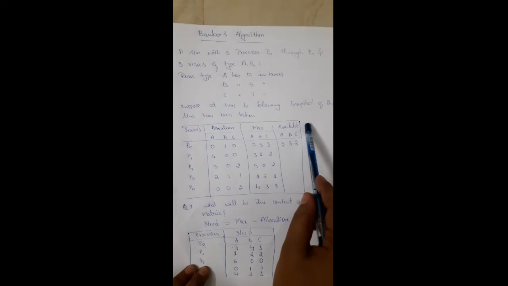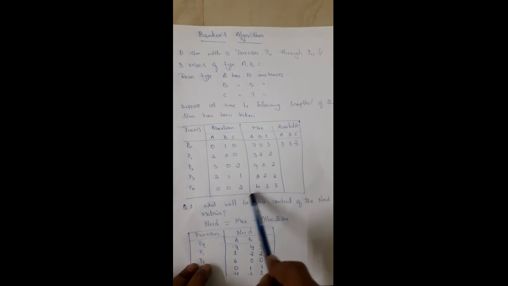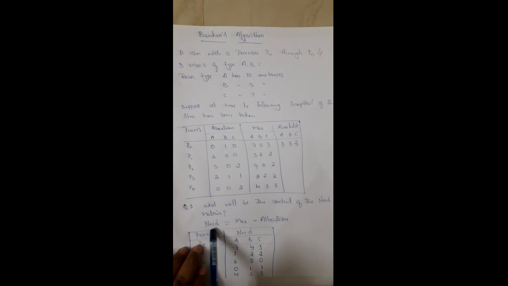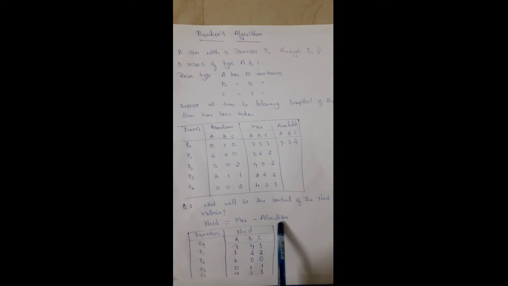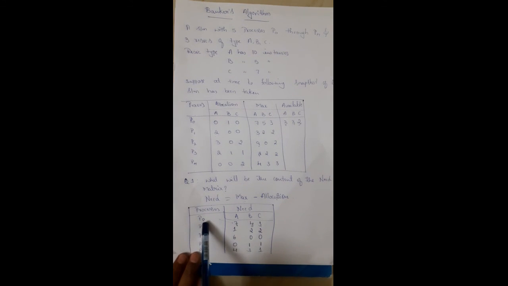What is the need matrix? The need matrix says the remaining need of each resource type with respect to each process to complete the execution of the processes. Need can be calculated with the formula max minus allocation. You can see here the need of each process.